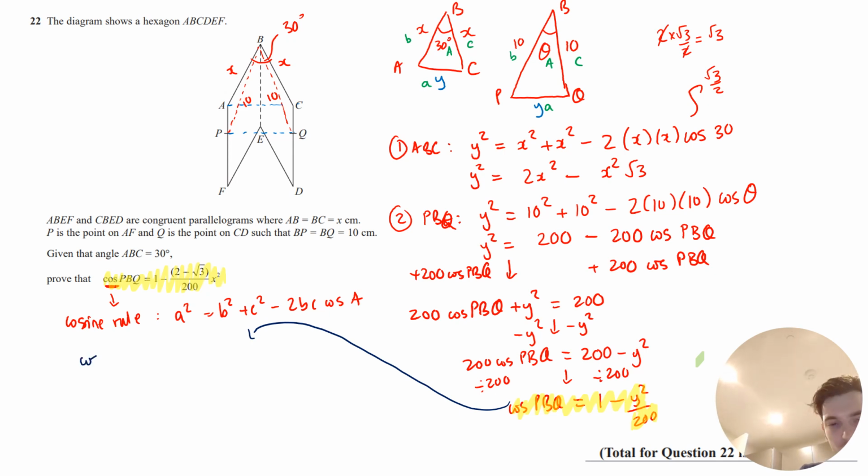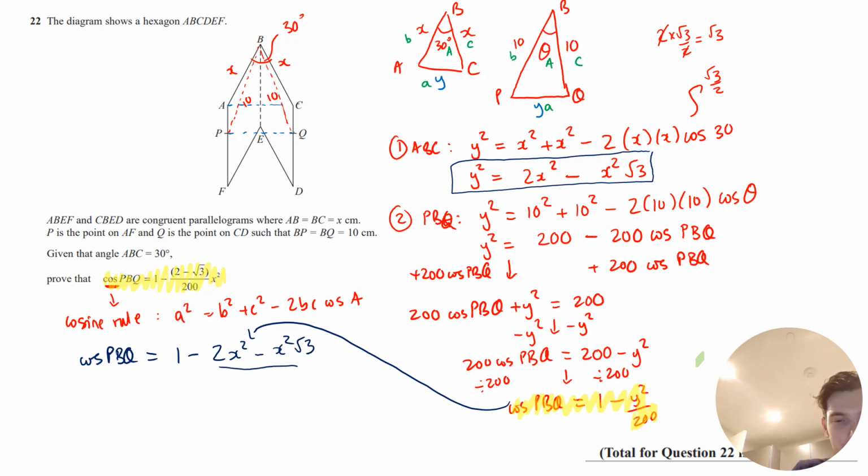So I'm going to write cos PBQ equals 1 minus, well, what is y squared? Let's go back to equation 1, which I haven't used yet. So equation 1 is here. So what is y squared? Well, y squared is 2x squared minus x squared root 3, over 200.